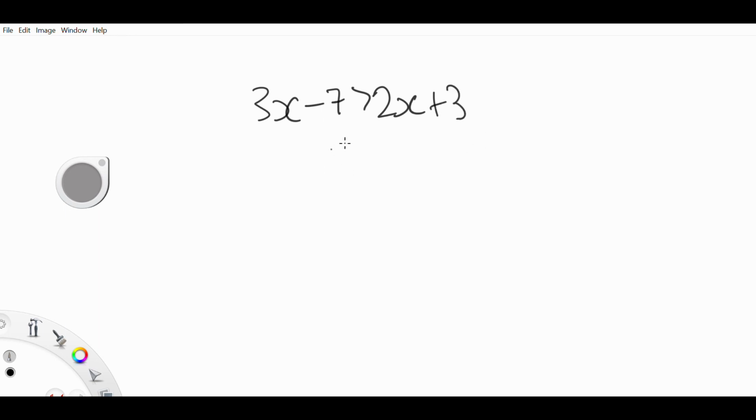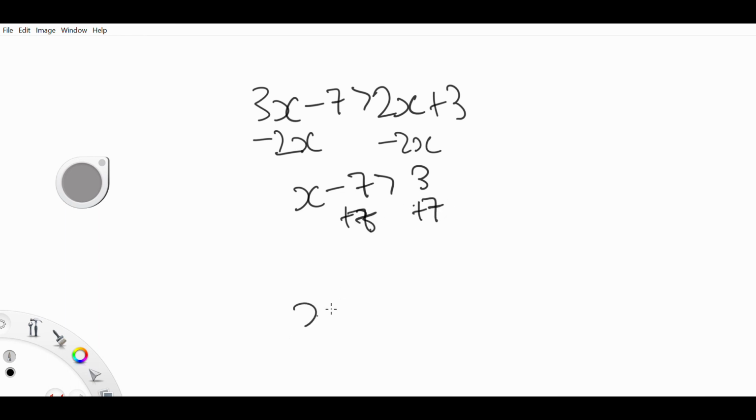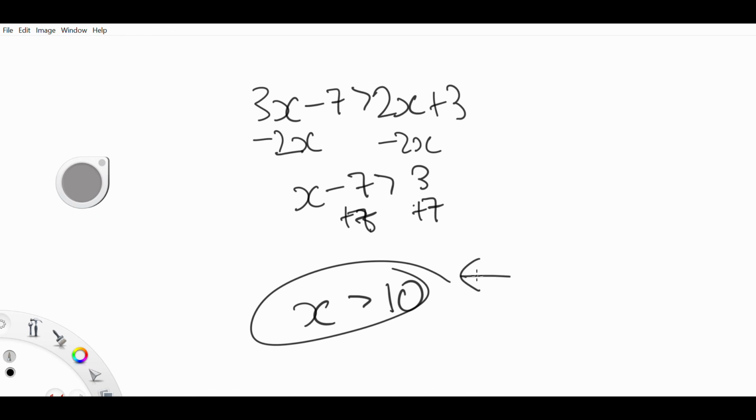To solve this one, all we need to do is subtract 2x to get x minus 7 is greater than 3, and then we could just add 7 to both sides to get x is greater than 10, and that would be our solution. And we graph it in a similar way. So 10.